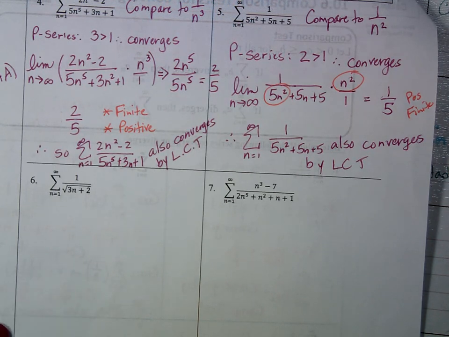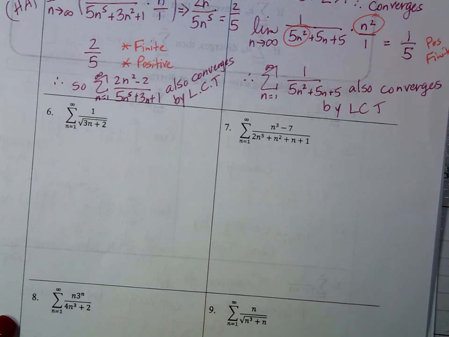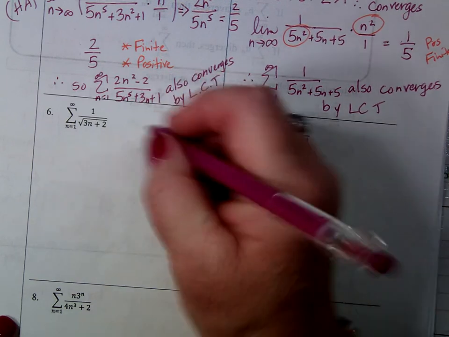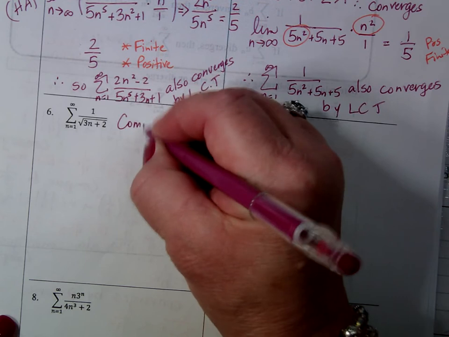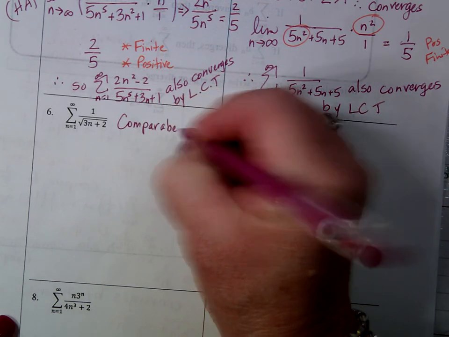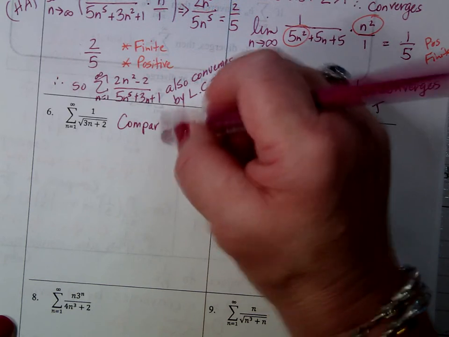Number 6. I am looking at 1 over the square root of 3n plus 2. Well, again, if you kind of eye in on what the main simplest function that would be comparable to that, I would pick, I'm talking and trying to write at the same time, isn't working.